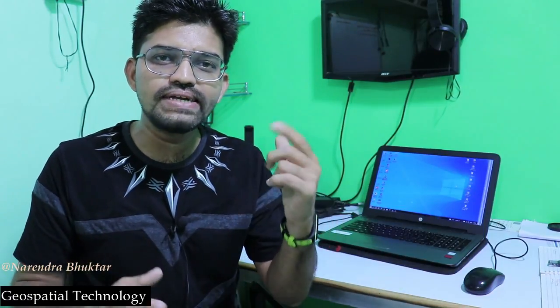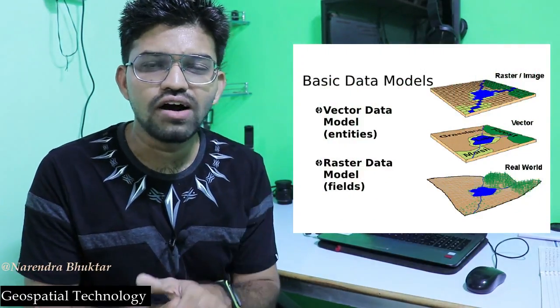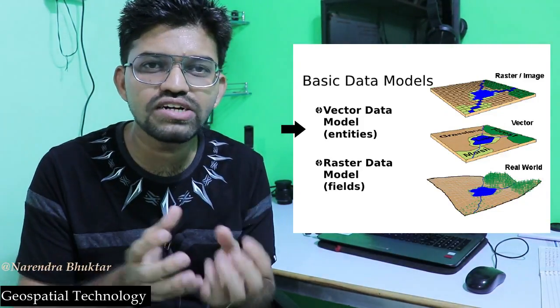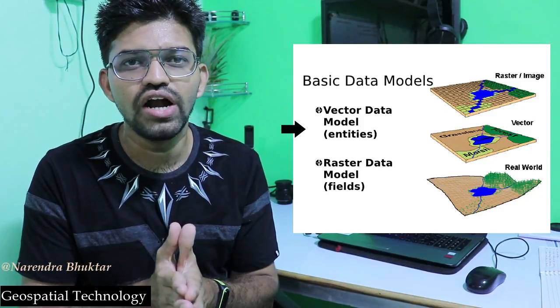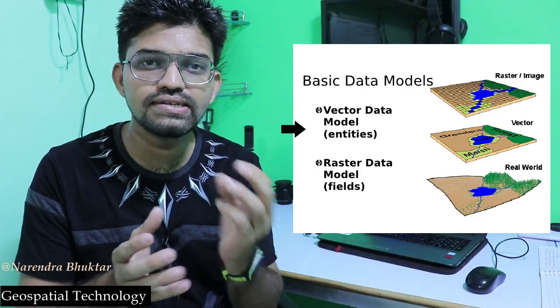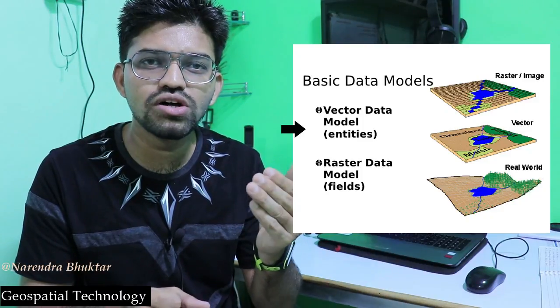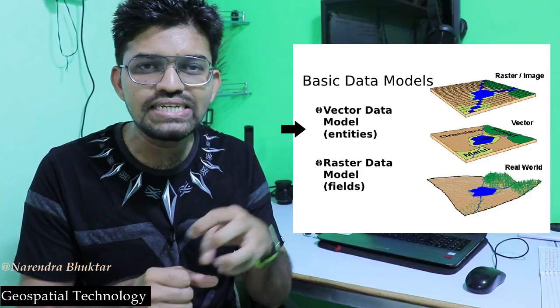Well guys, in geospatial technology there are two categories of data. The first one is vector data. Vector data is a representation of a geographic area, like a map. It gives you all the minute, scalable information on a map, and it shows you the different geographical lines.